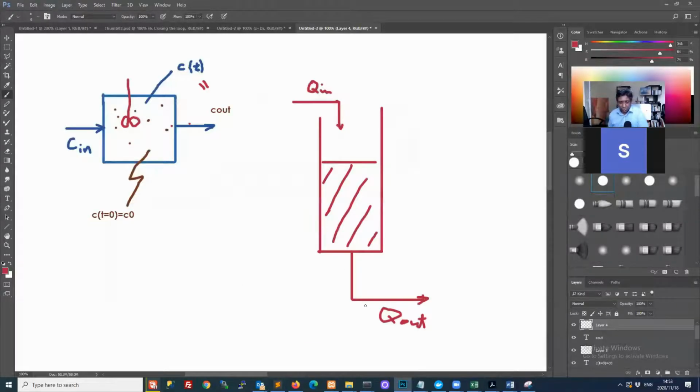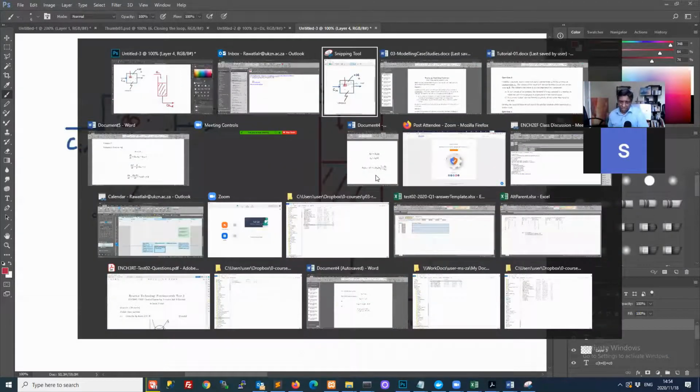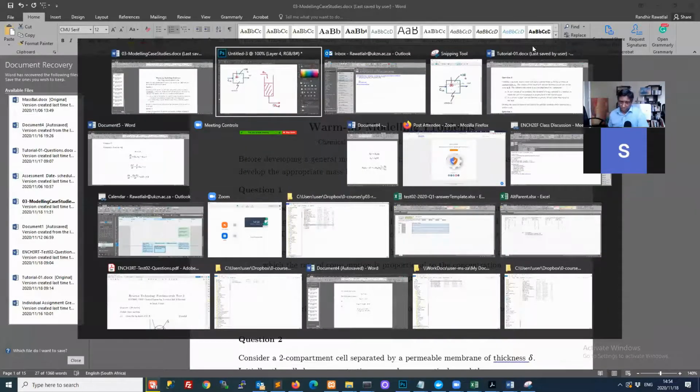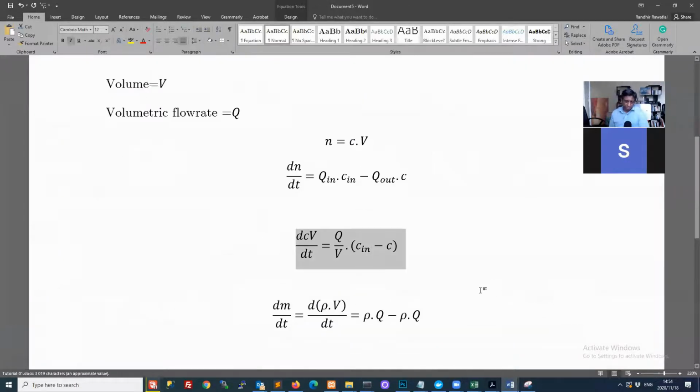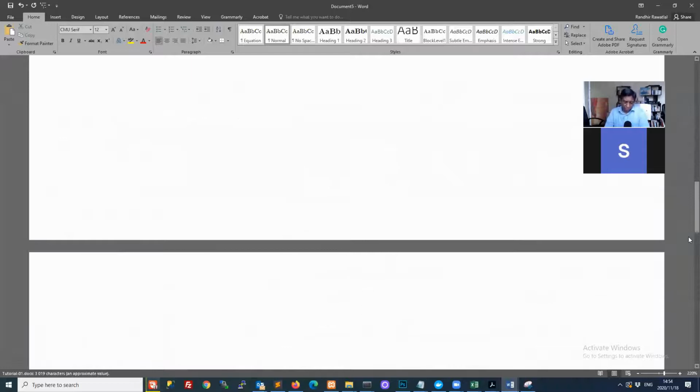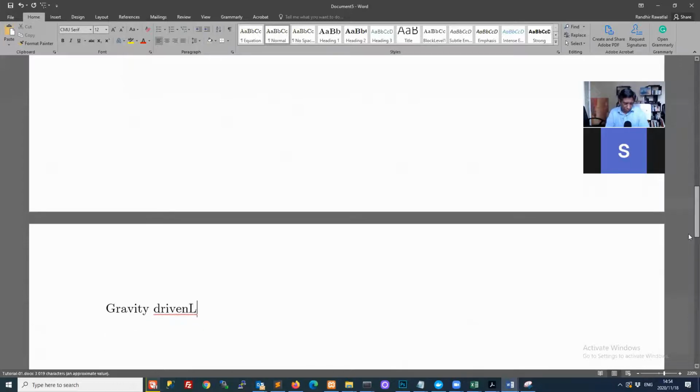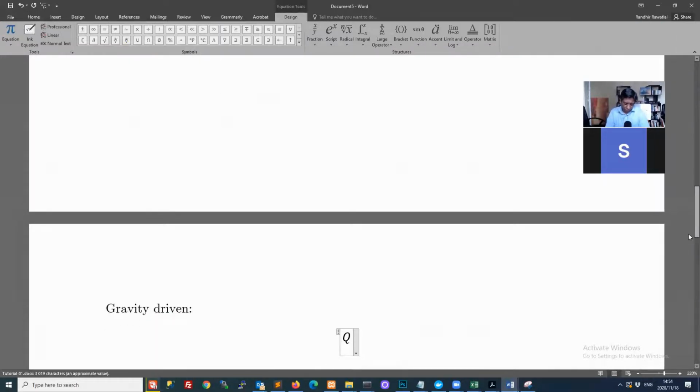Okay, so you've got Q in and Q out here, two volumetric flows, and now the flow rate in a gravity-driven situation is going to depend on the height in that vessel. So in a gravity-driven flow, Q out is going to be proportional to the square root of the height: K times the square root of the height.